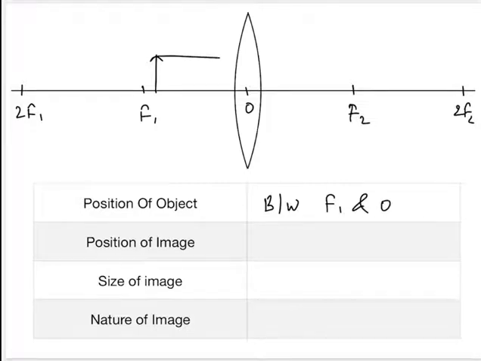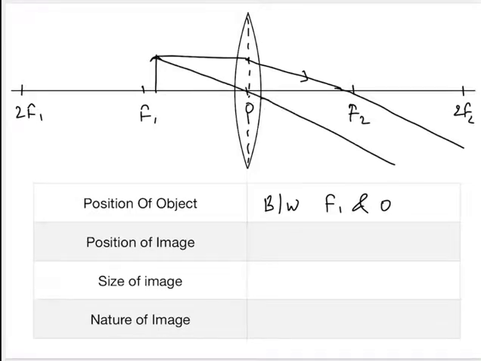So one ray parallel to the principal axis would pass through the principal focus, and another ray would pass through the optical center. Now you can see these two rays are moving apart from each other. So when you extend these lines backward, straight, they would meet somewhere here. And the image will be formed backward.